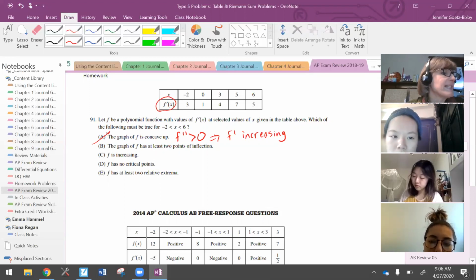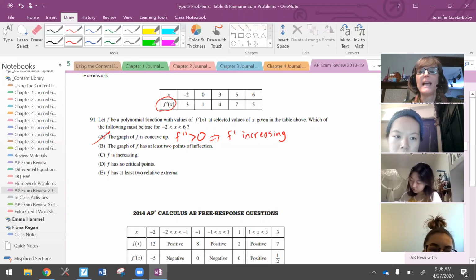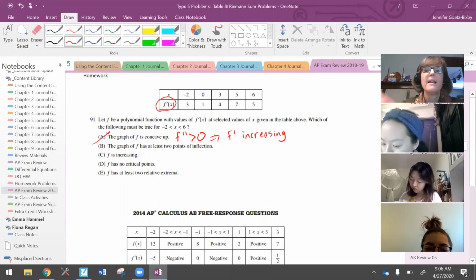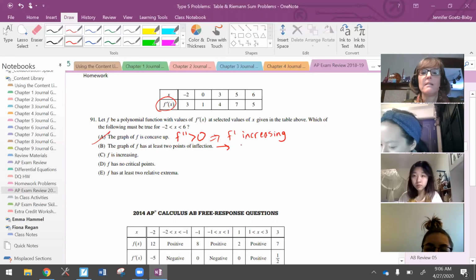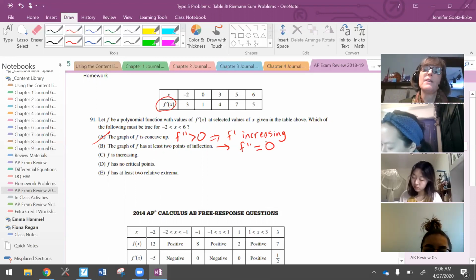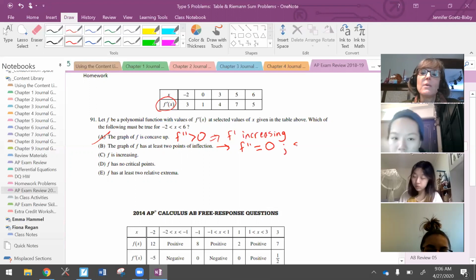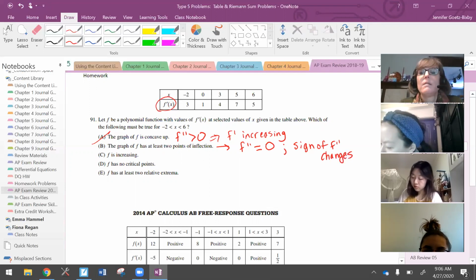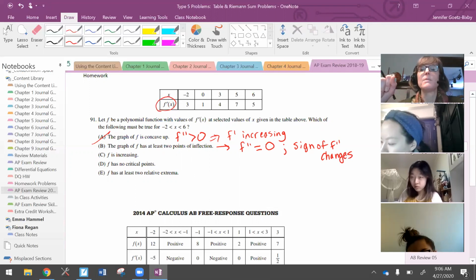B, the graph has at least 2 points of inflection. Okay, so what happens at a point of inflection? The second derivative equals 0? Yes. So that means that f double prime is equal to 0. And if it's an actual point of inflection, it also means that the sign of f double prime changes, right? It's not enough that f double prime is equal to 0, because you could have that happen in some different ways.